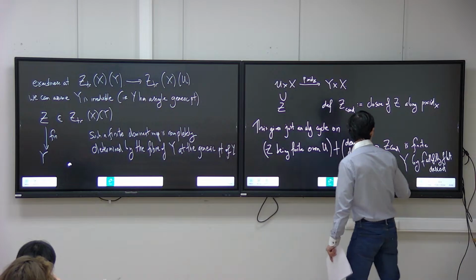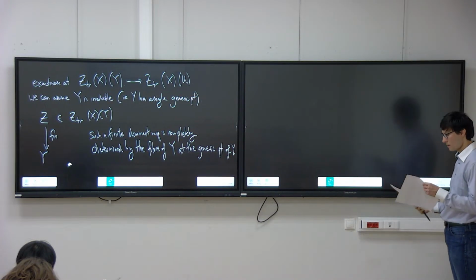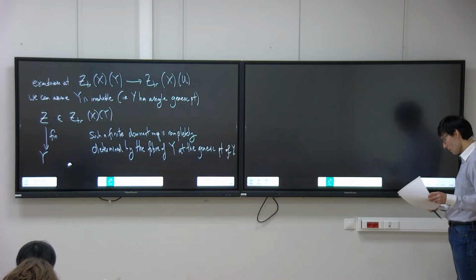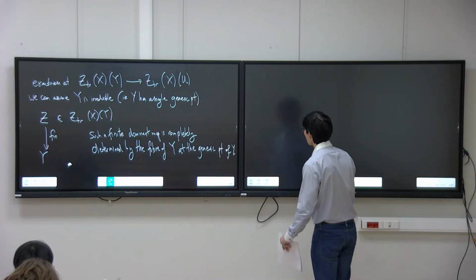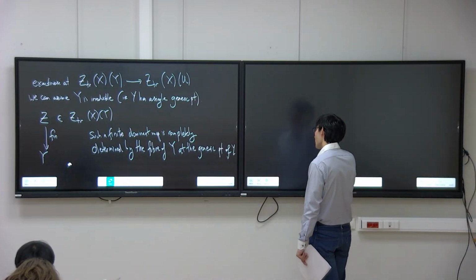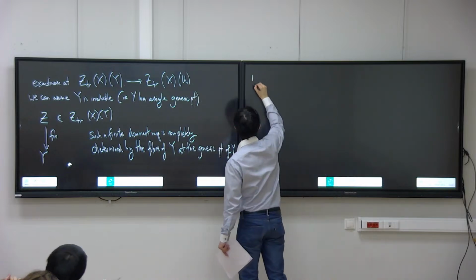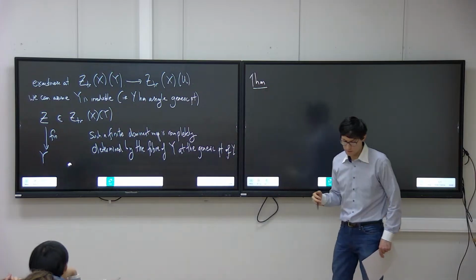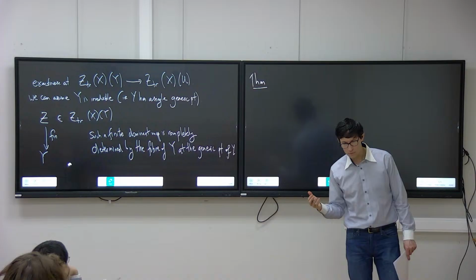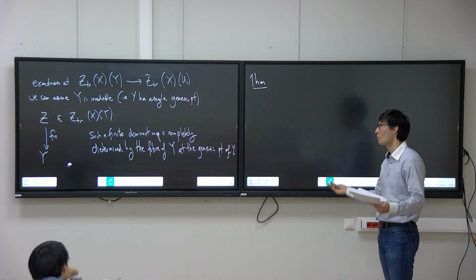Okay, great. So we know Z_tr is a sheaf. And finally, we want to sheafify things, because sheafification is the basic thing you can ask for when dealing with sheaf cohomology, right?